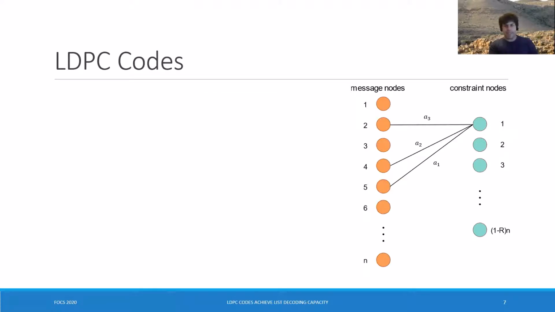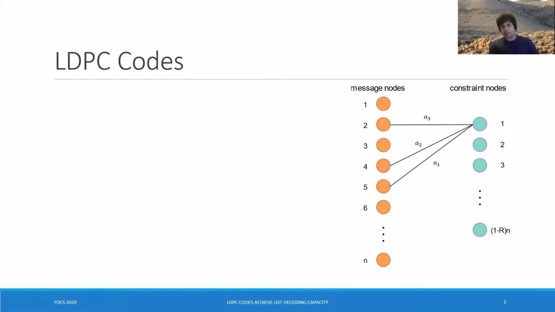On the left side, we write the n message nodes, the n message symbols, sorry. These are just elements of F_q. We have edges between certain nodes on the left and certain nodes on the right, and these edges are labeled by elements of F_q. The nodes on the right-hand side are called constraint nodes.